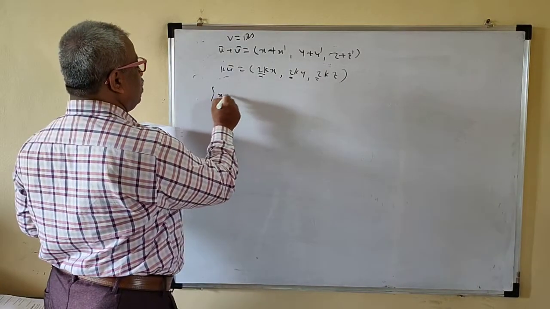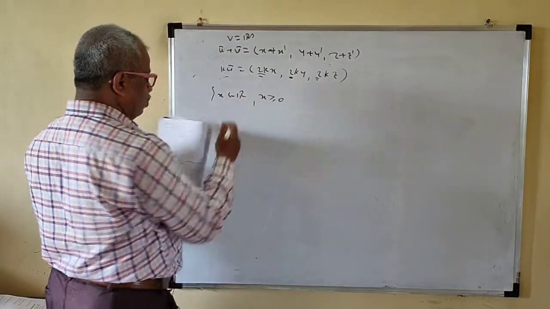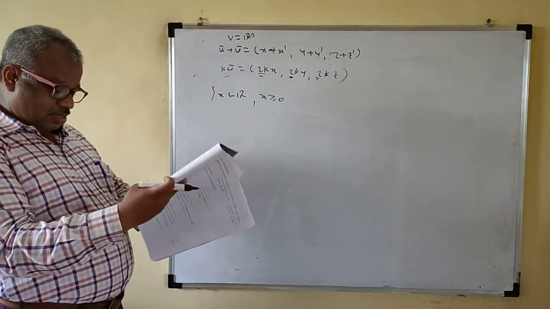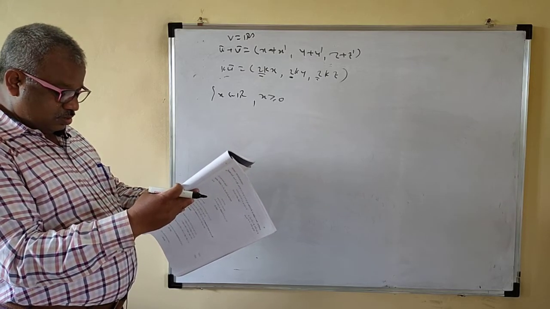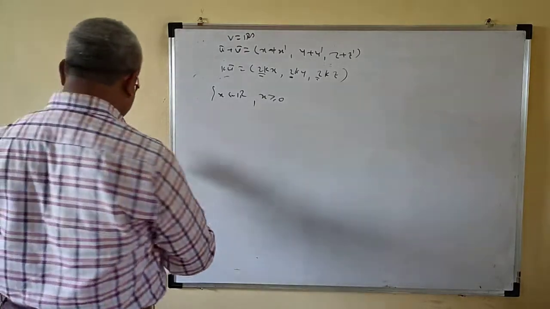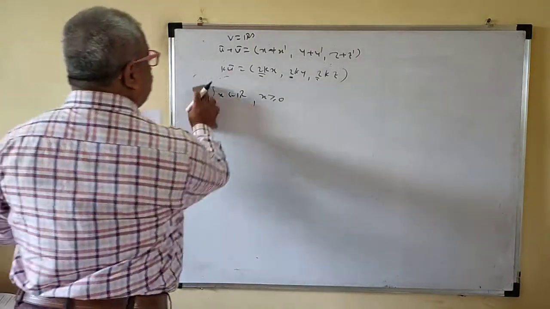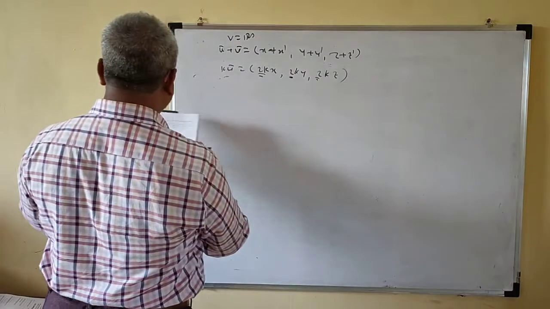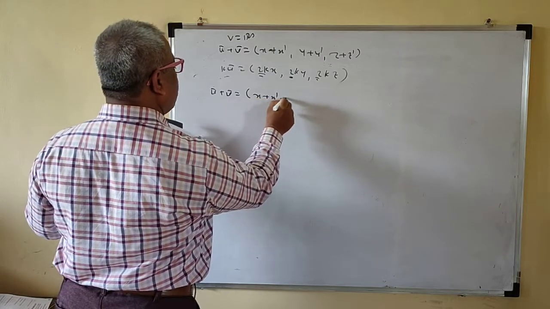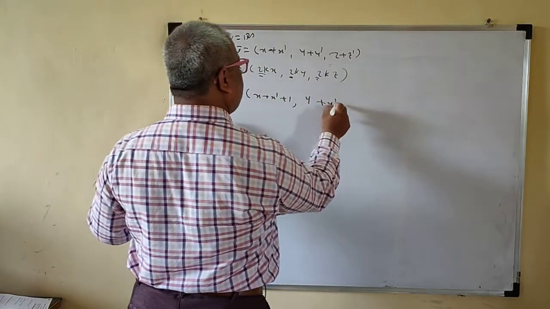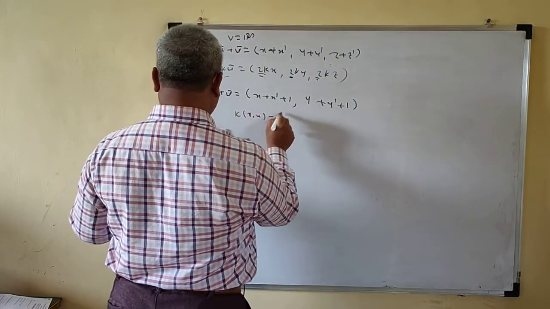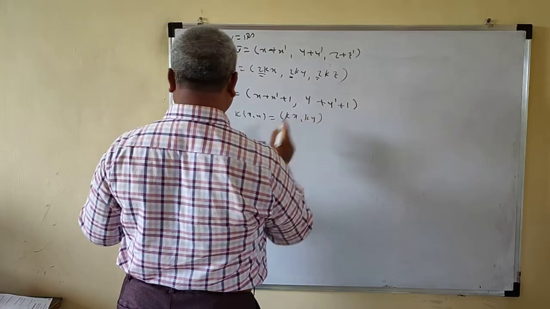So if x belongs to R and x is greater than 0. Okay, we don't take this. Now suppose we have ū plus v̄ equal to (x + x' + 1, y + y' + 1), and kū equal to (kx, ky).